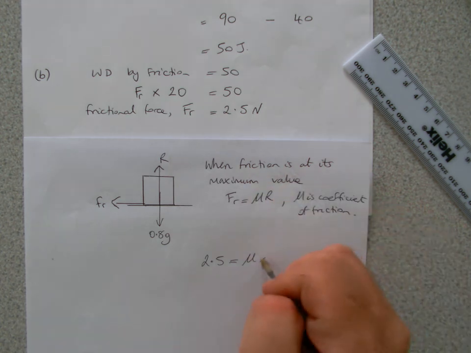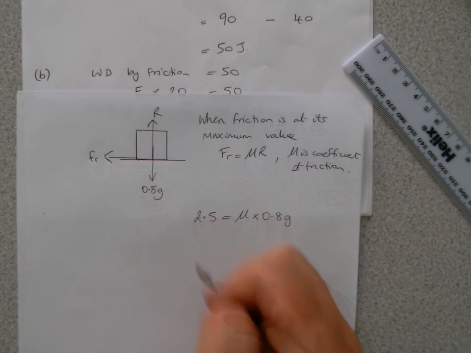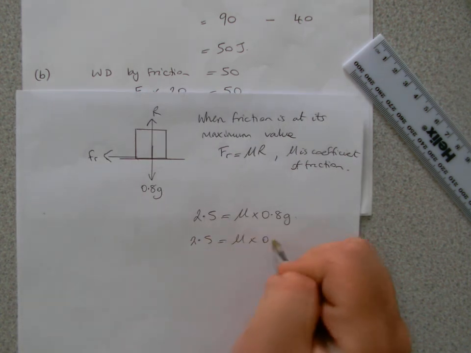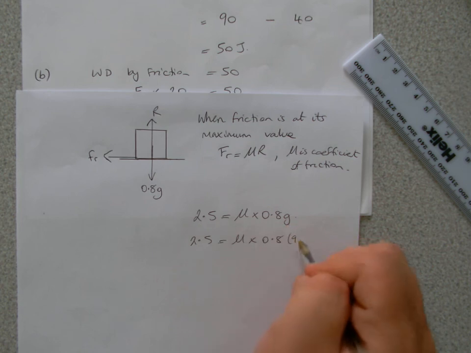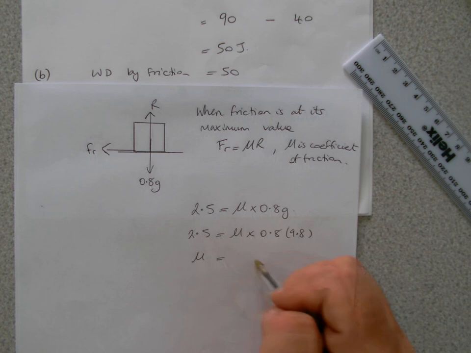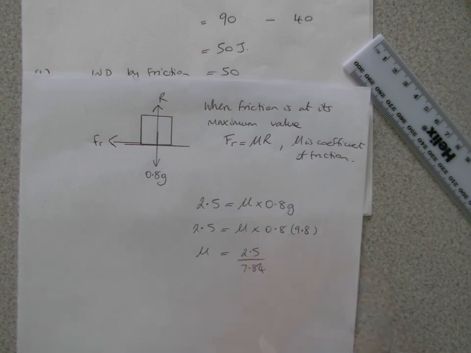So the reaction will be 0.8 g. G, of course, is 9.8, and then your mu will be 2.5 divided by whatever this is. 0.8 times 9.8 is 7.84.